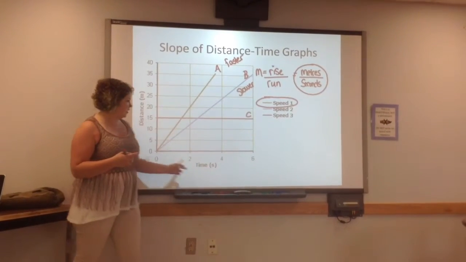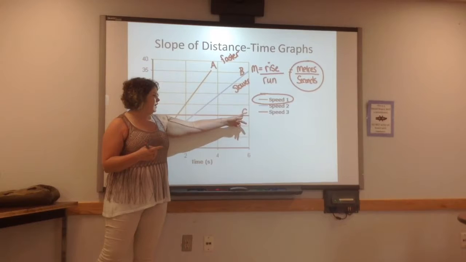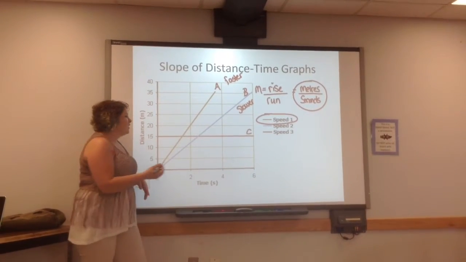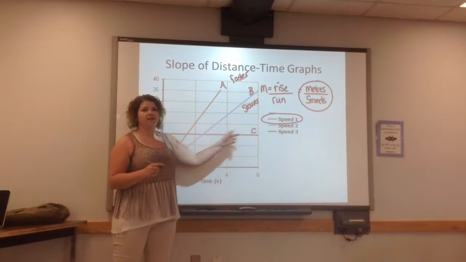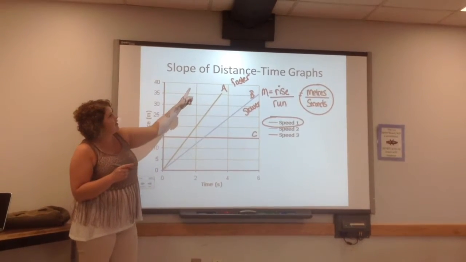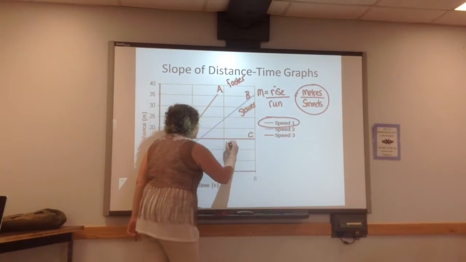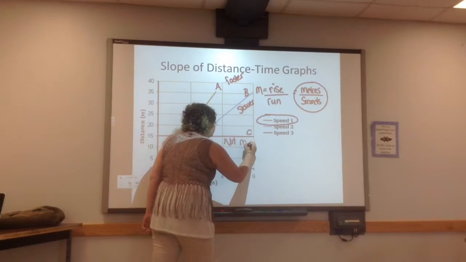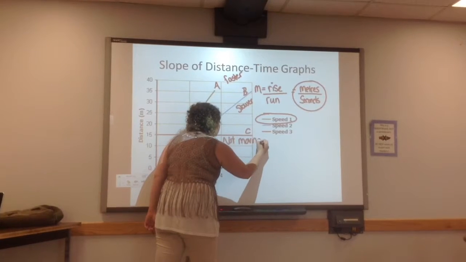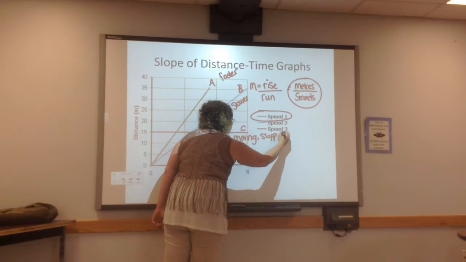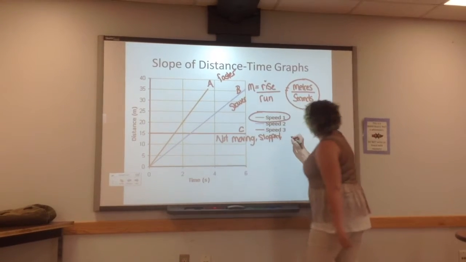All of that time, all of that 6 seconds, he's still at 15 meters. So he's not moving, so that will give us a flat line. So if we're looking at a distance time graph and we have a flat line here, this means the person's not moving at all. Okay, or we could say they've stopped, or they're at rest.